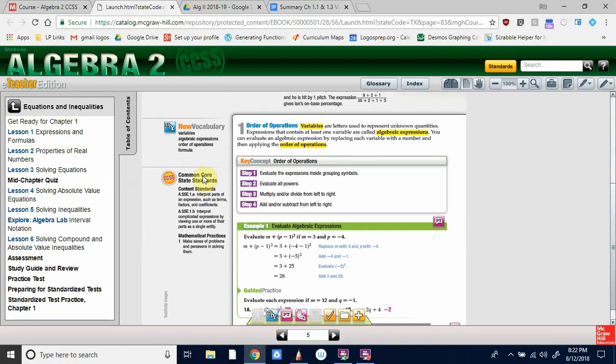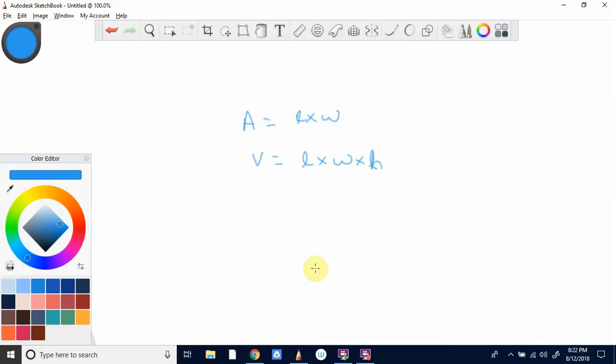an expression, basically, we have example 1. It says evaluate this expression. So basically, you're substituting 3 for m and -4 for p, and then you're using your order of operations to solve this. Okay, so you can see here clearly we've got 12 plus parentheses 3 minus -1 squared.